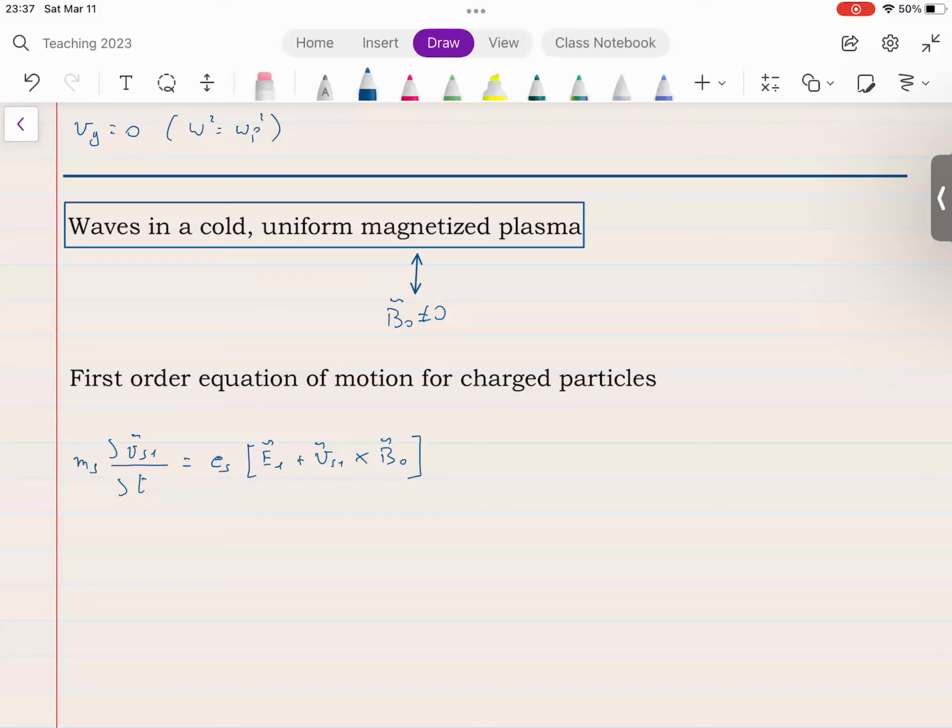Okay, now I'm going to do the usual thing. Rather, let me do it this way. I'm going to choose the z direction to be in the direction of the magnetic field. So I'm not going to assume that B is in the z direction. I'm going to make it in the z direction.